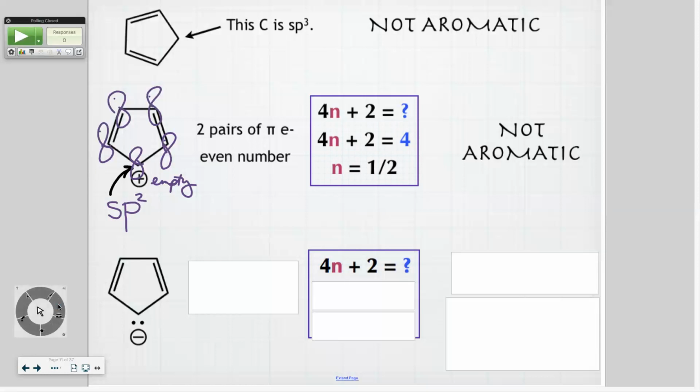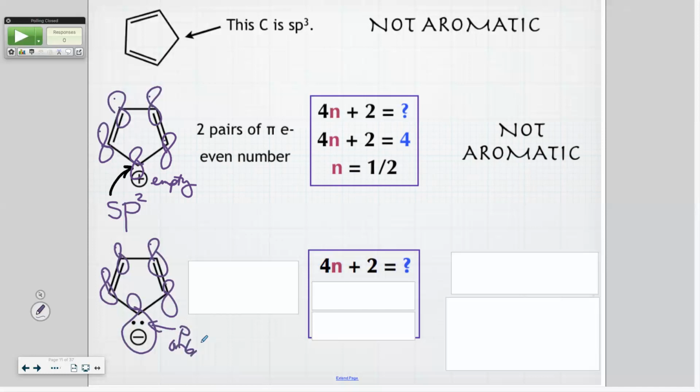All right, so notice that we got 1, 2, 3, 4. Okay, what about this carbon? Well, if this carbon is sp2 hybridized, these 2 electrons are going to be in the p orbital. So they get to count.